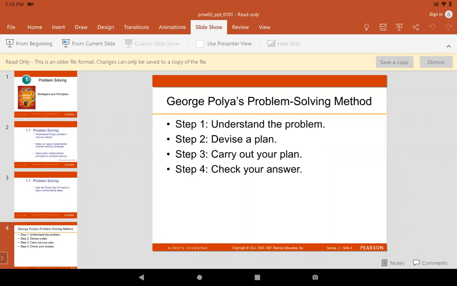Once we start to do the math, quote unquote, that's when we're carrying out the plan. But we should always, always check to see if our answer matches the question. So it isn't just redo the math and see if you get the same answer, but does your answer make sense?